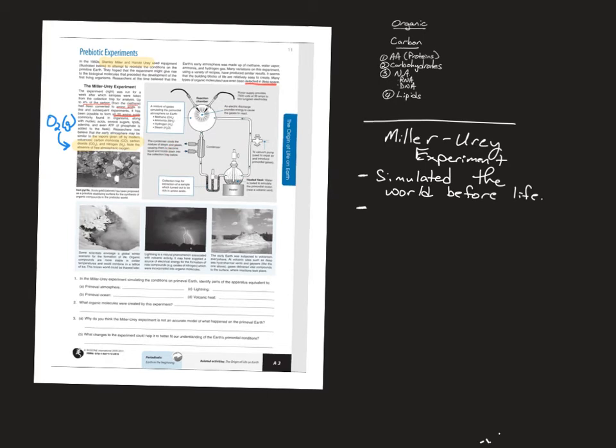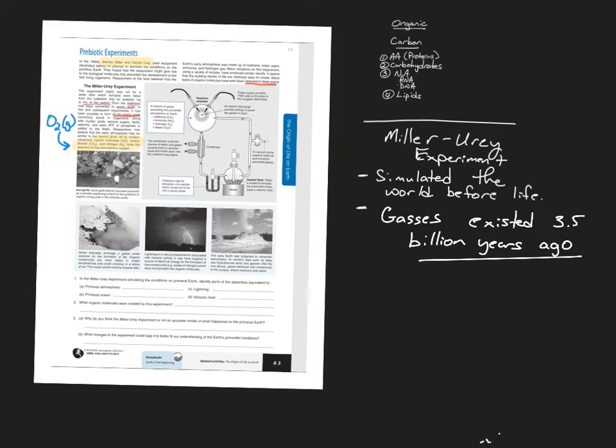And so they added the gases that they felt existed 3.5 billion years ago. Well, how would they know that? How would they know what gases existed 3.5 billion years ago?